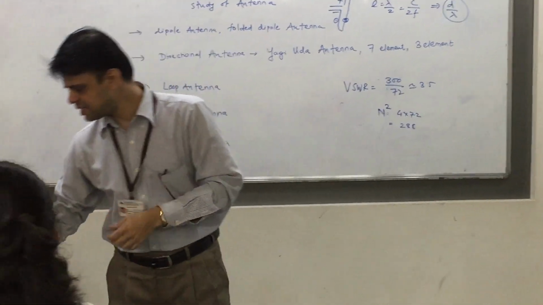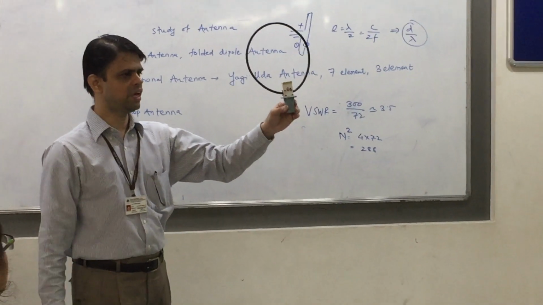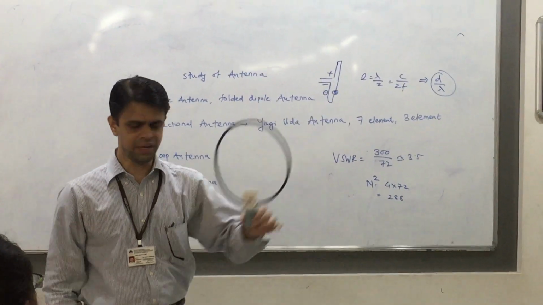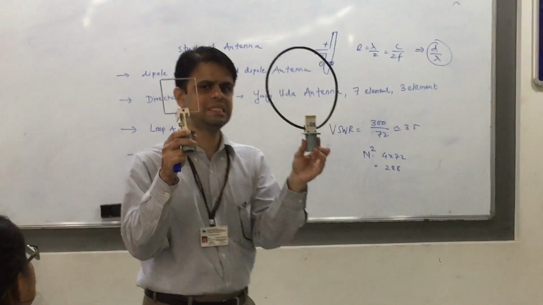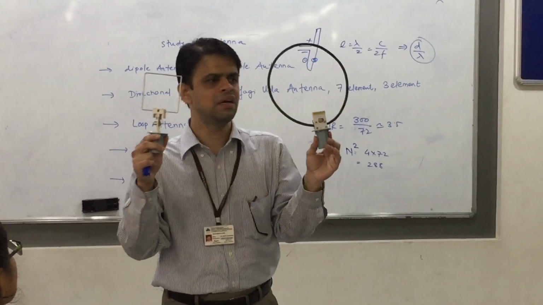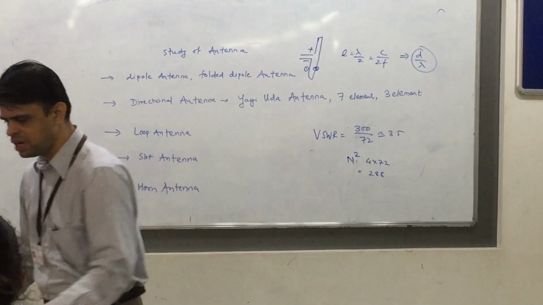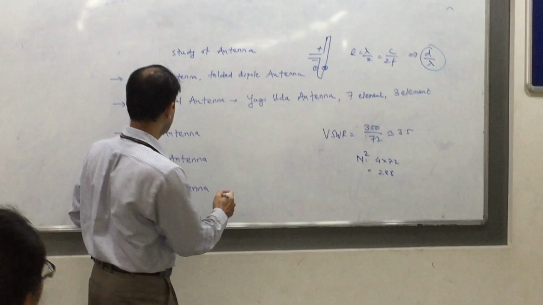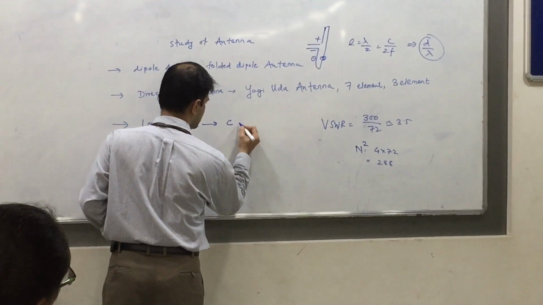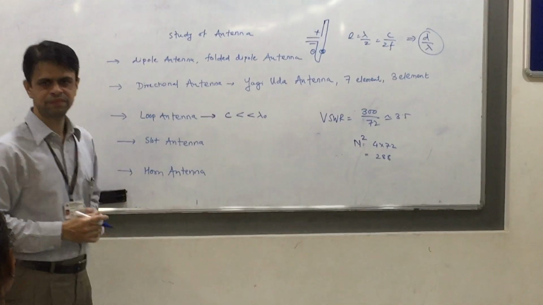Now the next category is your loop antenna. This is a circular loop and this is your rectangular loop. There are 2 categories here: smaller loop and larger loop antennas. Now smaller and larger are always wavelength specific. In a smaller loop antenna, your circumference is much smaller than the operating wavelength.